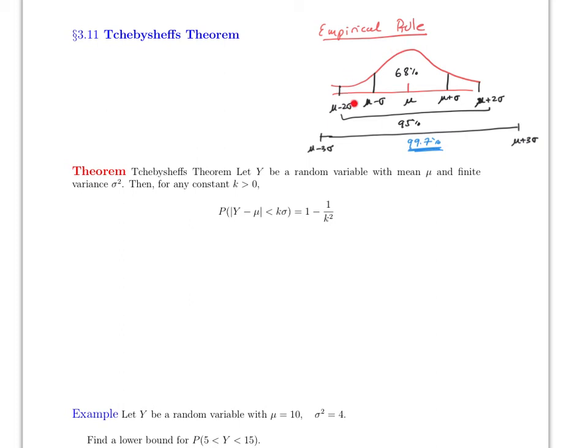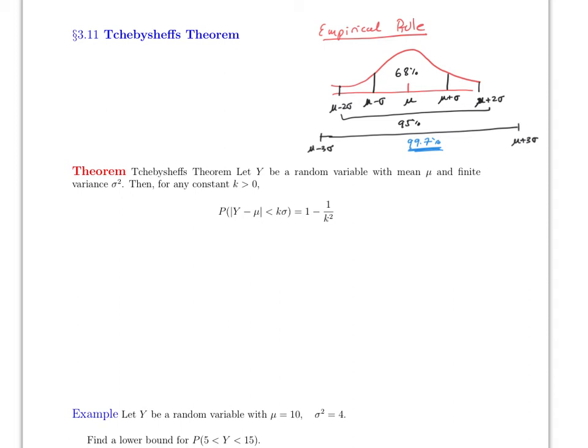Now, in this case, you can see that the distribution is symmetrical, but you have many random variables where the distribution is not symmetrical. So therefore, Chebyshev's theorem is a more general result than this.